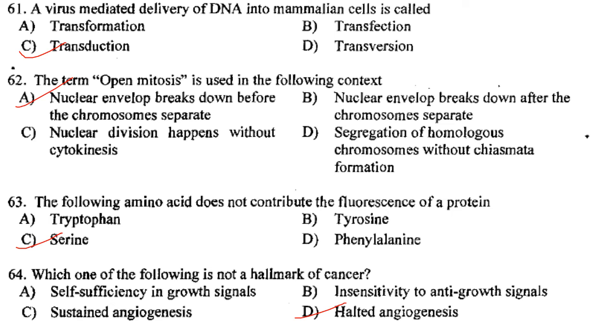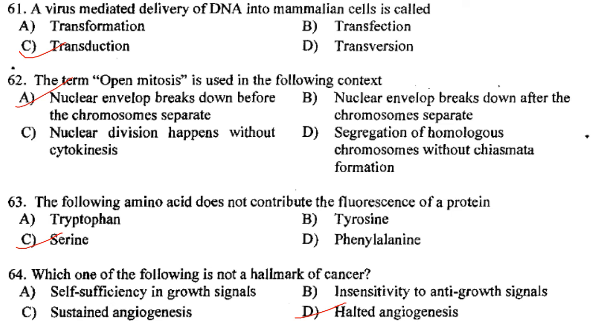Transduction is the process by which a virus transfers genetic material, and transversion refers to a point mutation in a DNA in which a single purine is changed for a pyrimidine and vice versa. So answer here they have given in answer key as transduction. Answer is option C.